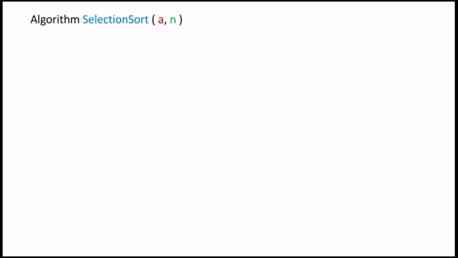In the next line, we have written a comment line. Double slash indicates that it is a comment line. In the comment line, we have mentioned: sort the array A of 1 to n into increasing order.